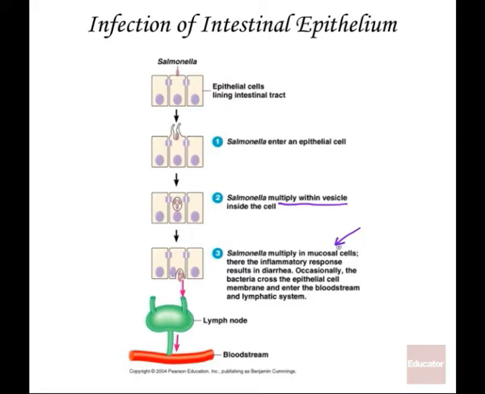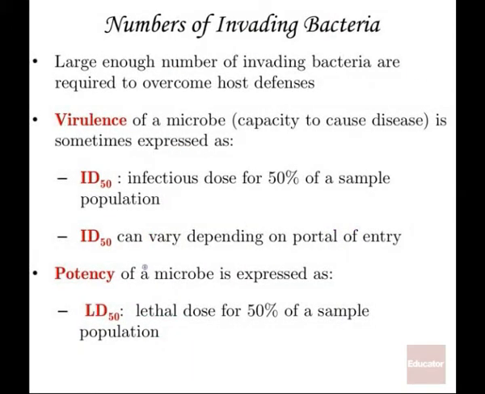And it's the inflammatory response that causes the disease. Now, sometimes the actual Salmonella can migrate through the epithelium and enter the bloodstream that way. And then you sometimes get a septic, system-wide infection.